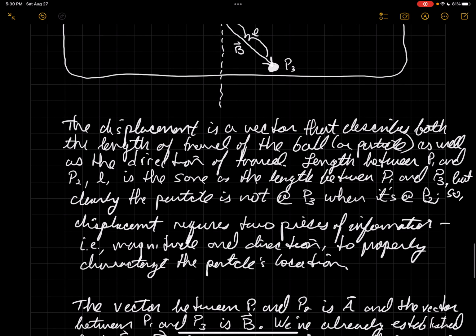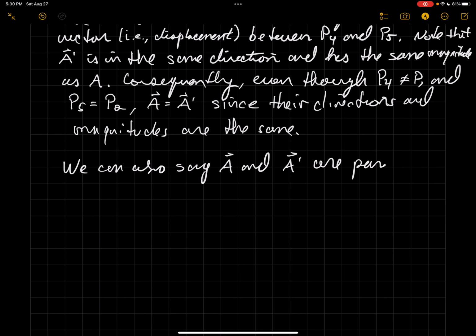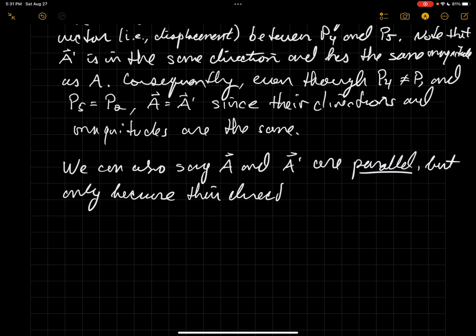And so we can say vector A and vector A prime are parallel, but only because their directions are the same.